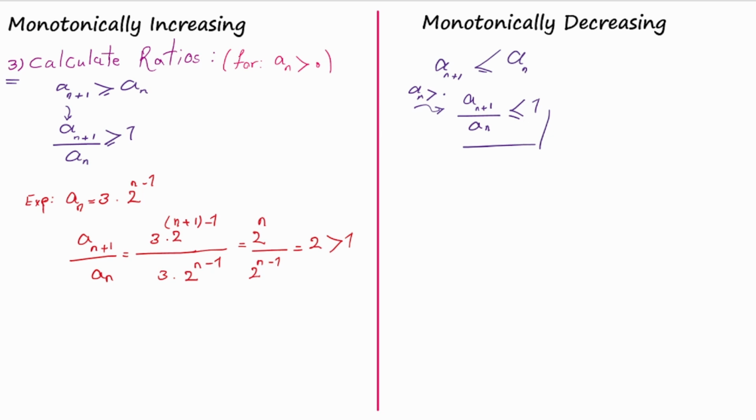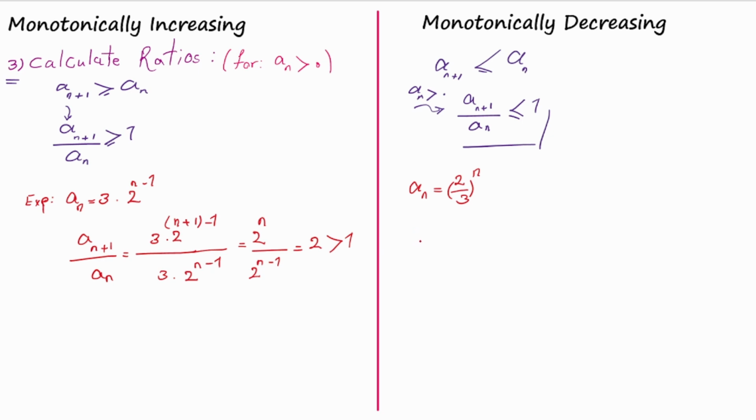In a similar way, we can also show that the sequence a sub n equal to 2 over 3 to the power of n is a monotonically decreasing sequence.